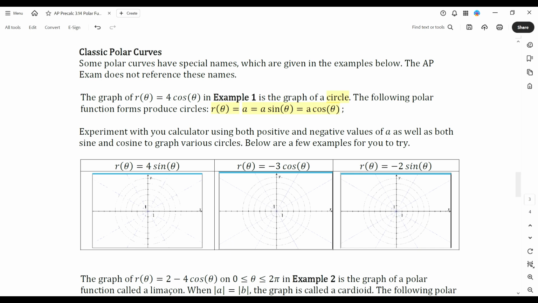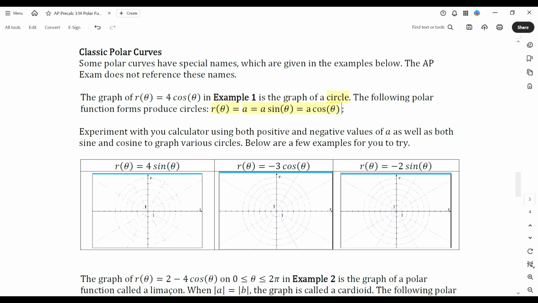But a sine of theta and a cosine of theta are circles that lie on the different axes. So like yesterday, I think it was 4 cosine, and that circle was along the positive x-axis.